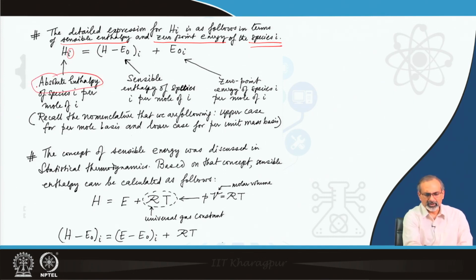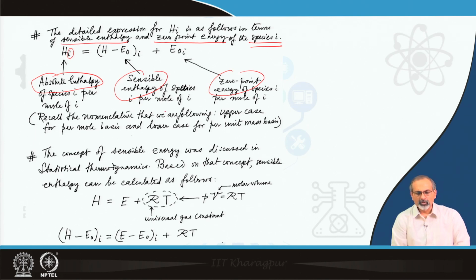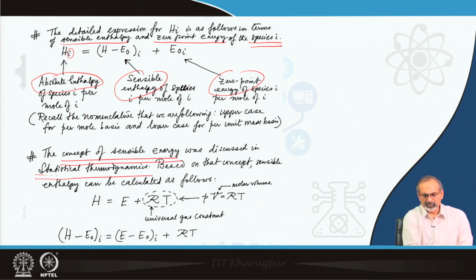This is the absolute enthalpy, this is the sensible enthalpy, and this is the 0 point energy, and all of them are per mole of I. The concept of sensible energy, of course, we had introduced in statistical thermodynamics. We have also recapitulated it in week 8 as well.